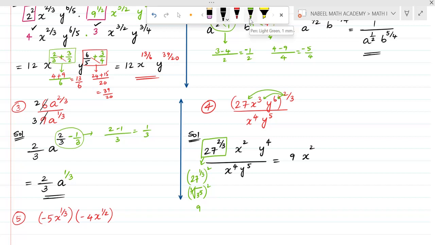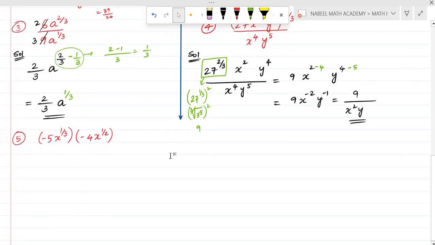If you bring y to the power 4 up, it becomes minus 4. Here if you bring y to the power 5 up, you will get minus 5. So the final answer is 9x to the power minus 2, y to the power minus 1. Since both are negative, I have to bring them down. So you will get x squared y. So this is the answer.